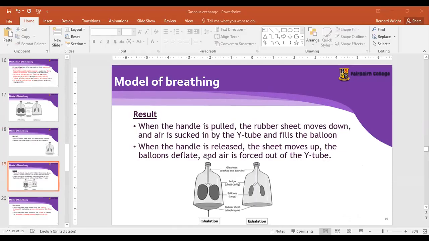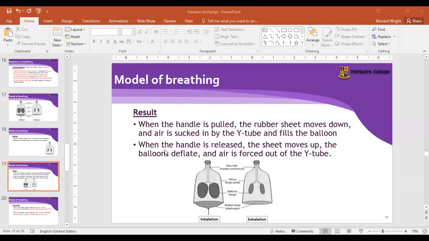What you would have seen is when the handle is pulled down, the rubber sheet moves down and air is sucked in by the Y tube and fills the balloon. So when the diaphragm pulls down, air rushes in and fills the balloon. When the handle is released again, the sheet moves up, the balloon deflates, and air is forced out of the Y tube. Again, I hope that my demonstration showed that to you.